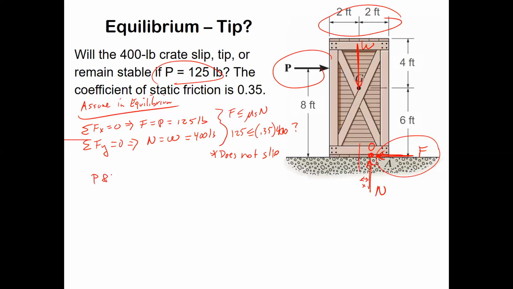So P and F form a couple. It's P times 8 feet, and it's going clockwise. And W and N form a couple. It's basically W times X, and it's going counterclockwise.